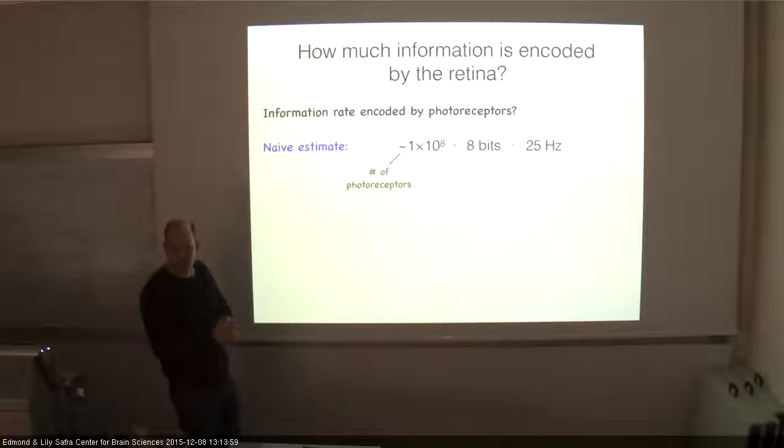Perhaps it's 8 bits. I think it's probably more, but even the fact that monitors that work with 8 bits look to us reasonably good tells us that this is already a good representation for the resolution of our visual system in terms of the number of different amplitudes that we can identify. So maybe 8 bits.